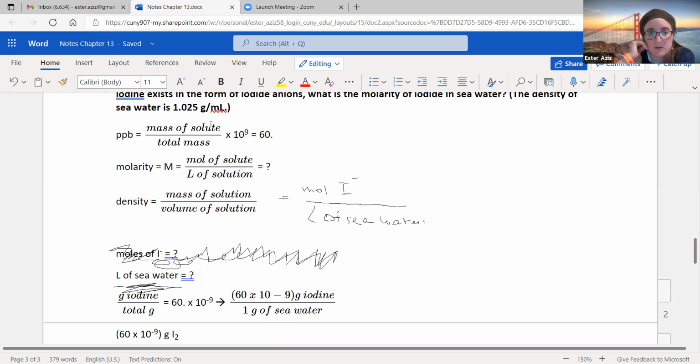Many times we can do that if we're not told a specific mass or a specific volume that you're working with. We can kind of assume any mass or any volume. So let's, for example, decide that we're working with 100 grams of mass.